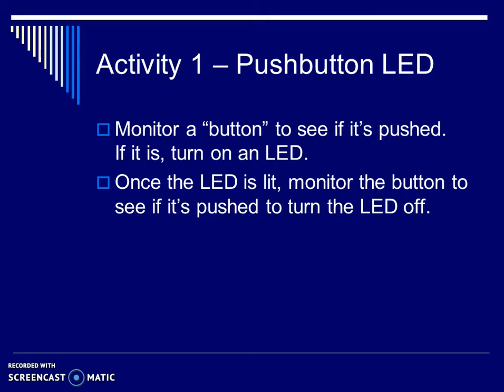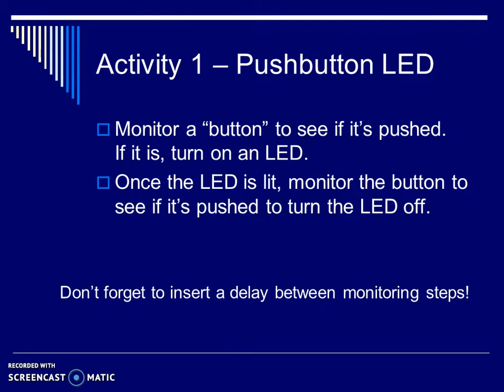If it is, it turns on the LED. Once the LED is lit, the behavior changes. So we monitor the button to see if it's pushed in order to turn the LED off. And one little hint when you're implementing this, don't forget to insert a delay between your monitoring steps, or you can have issues with confusion where while the button is being pushed down, it registers more than once.